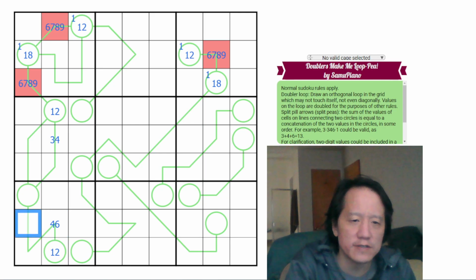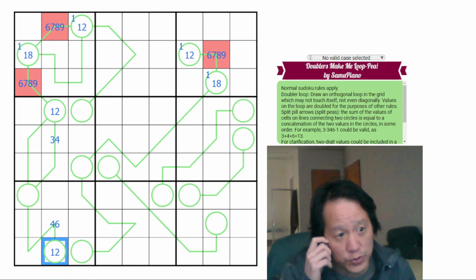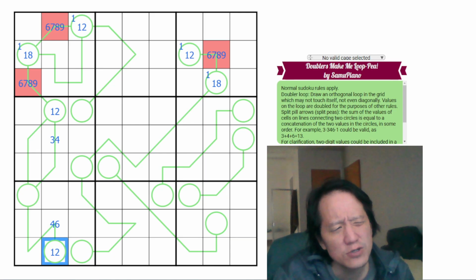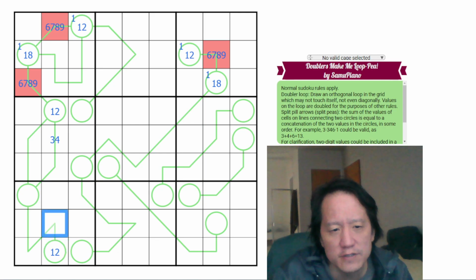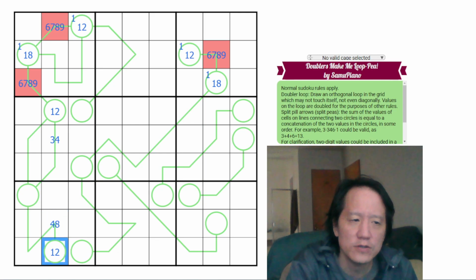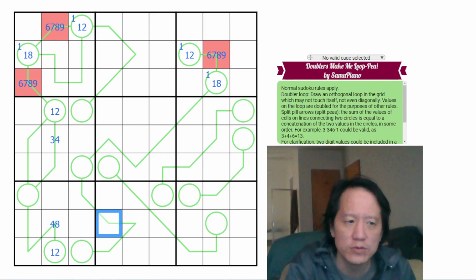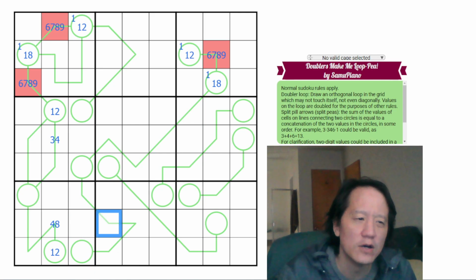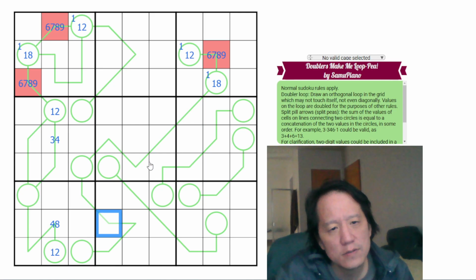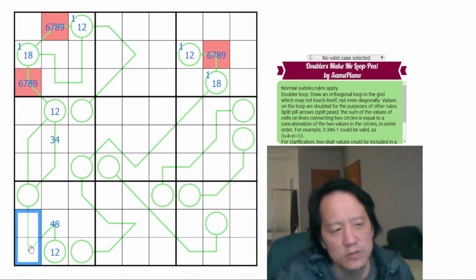If it's 48, they're both in that set, and can't have 4 doubled twice. I guess you could have 2 and 4. Okay, so 48 is still valid, actually. You could have 2 and 4, and they're both doubled. Oh, but hold up. You can only have 2 at most doubled here, then, if that's the case. Okay, so 46 is the valid one.